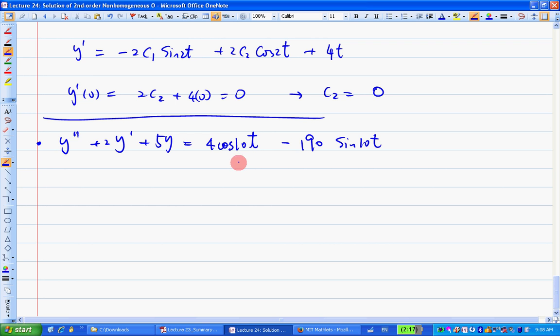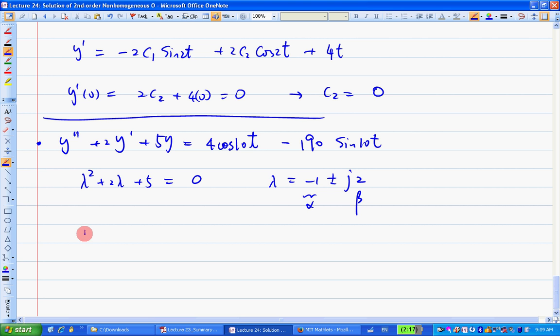Okay, so here is this second order one. First step: the characteristic equation of the homogeneous equation, and solve for lambda. For this one you probably want to use the formula. It's negative 1 plus or minus j2. So basically, this is your alpha, and this is your beta.